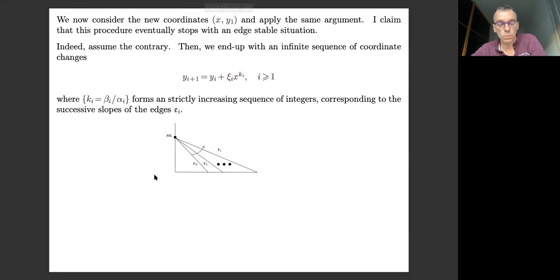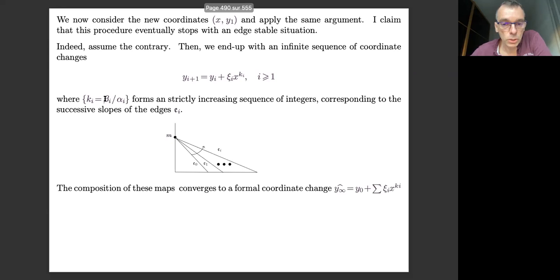You easily see that each time you eliminate an edge, you get an edge with a slightly greater slope, and you continue. These are integers, so in fact this sequence of coordinate changes converges.